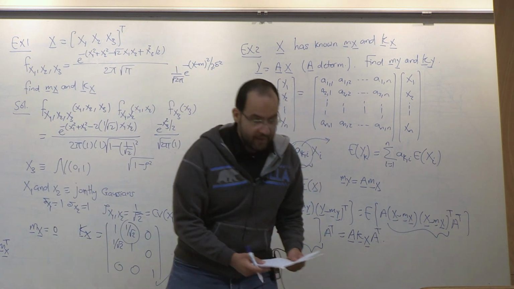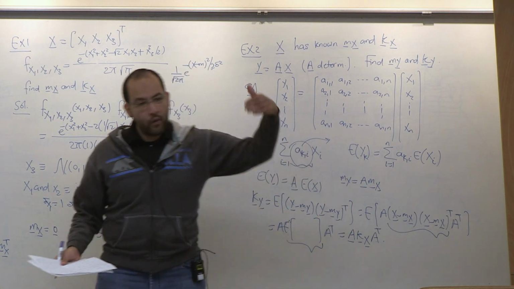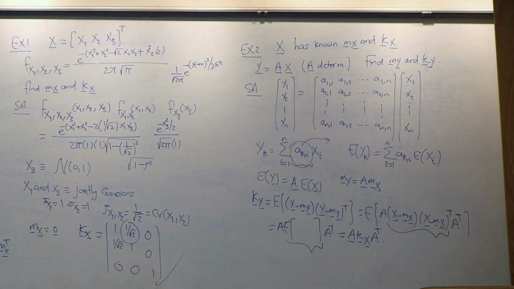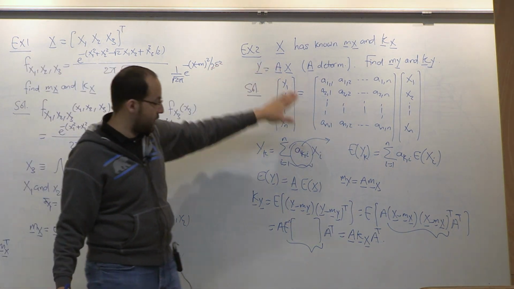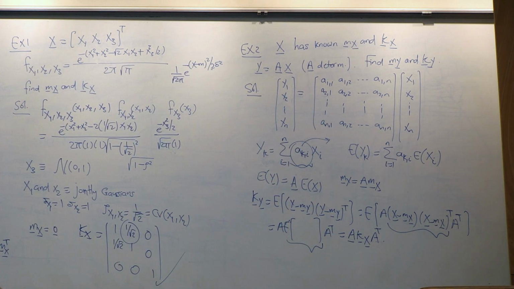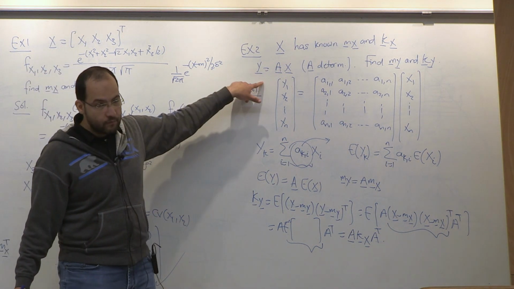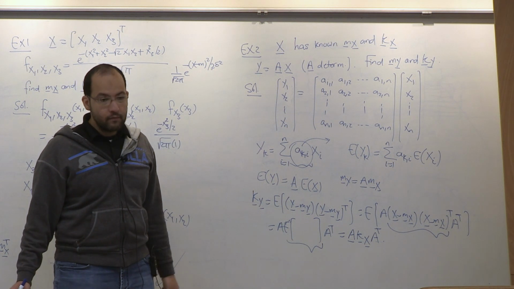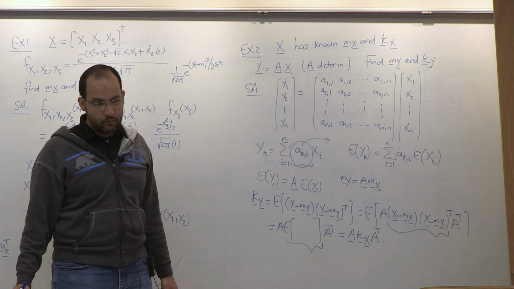Can someone relate this thing to something we have already seen? For single random variables, can someone relate this final answer to something we have already seen? The variance, exactly. The variance of a function in one variable, it's A squared, not in matrix form.